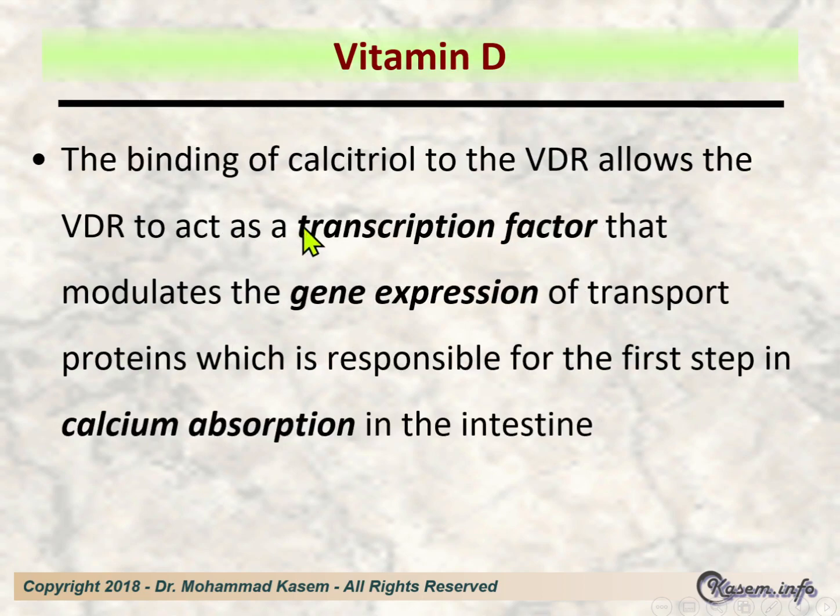The binding of calcitriol to the VDR allows the VDR to act as a transcription factor that modulates the gene expression of transport proteins, which are responsible for the first step in calcium absorption in the intestine. That's why vitamin D is very important for bone growth and ossification. It enhances the absorption of calcium in the intestine.